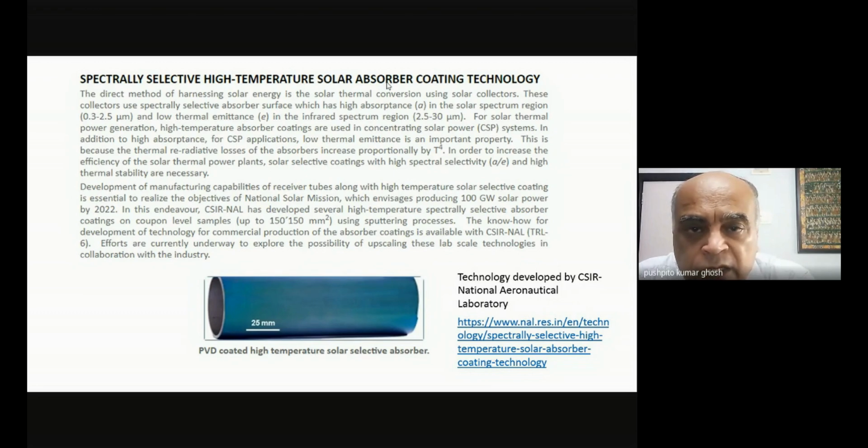So there are two very important things that we need to be able to optimize. One is that we have to maximize the absorption of the solar radiation which is falling, and that is known as absorptance, alpha.